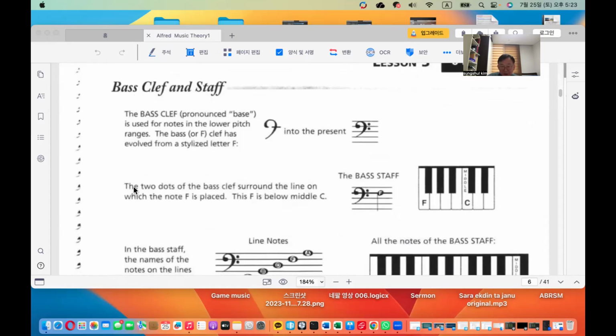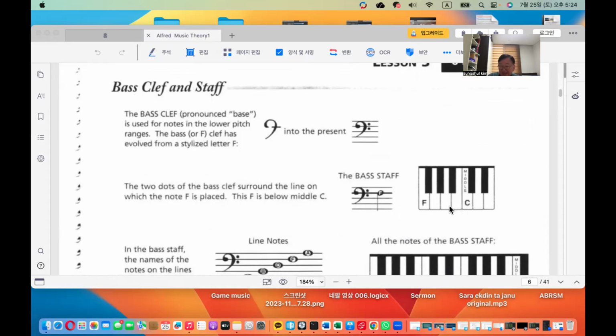You need to remember the two dots of the bass clef surround the line on which the note F is placed. This F is below middle C. Middle C is right here.